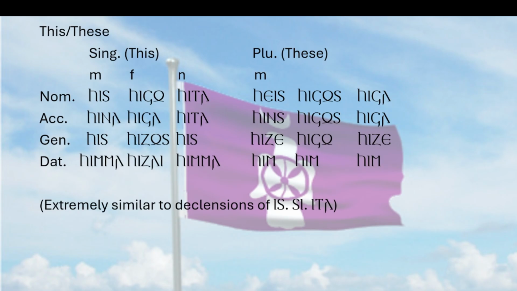And perhaps due to this reason, most of these forms we see here are extremely similar to the declensions of is, meaning he. So is, si, ita, in the plural is, ios, ia. So he, she, it, they. If you compare the tables of the declension of his in this case, and the declension table of is, you find the pattern basically.